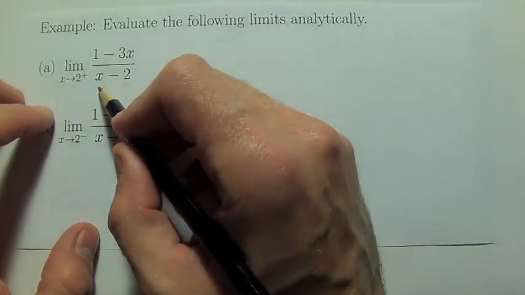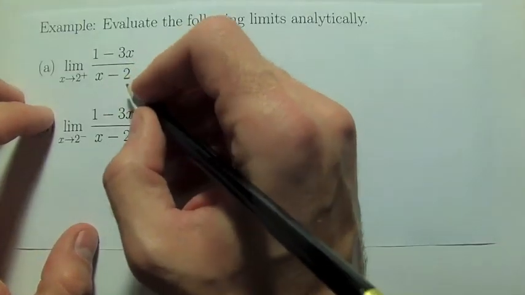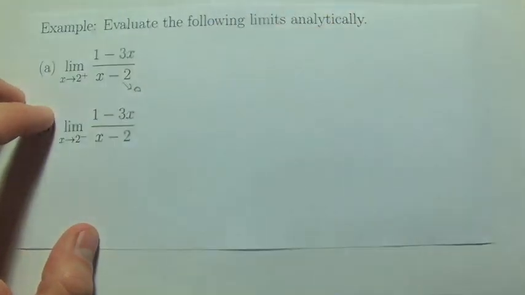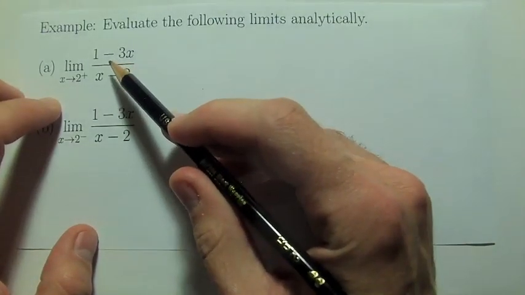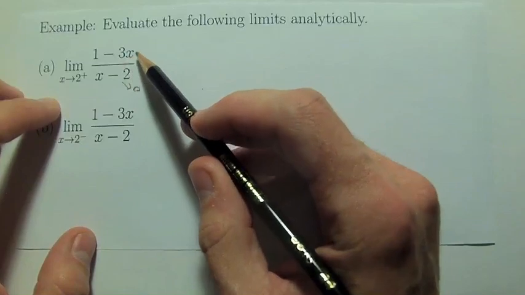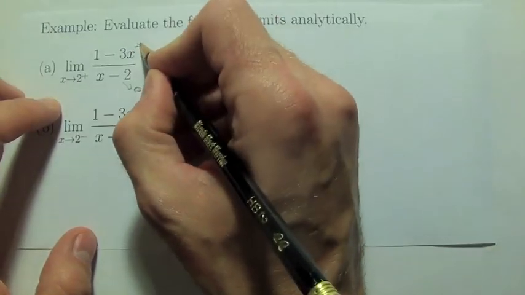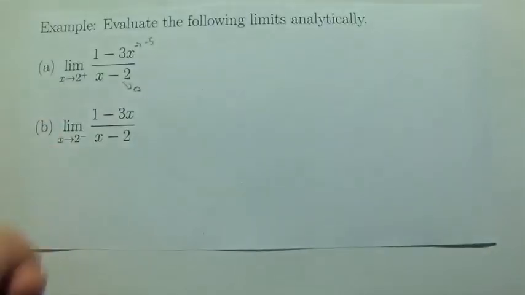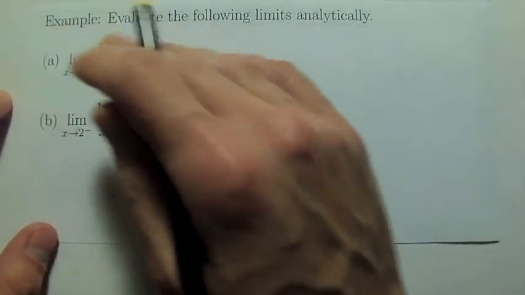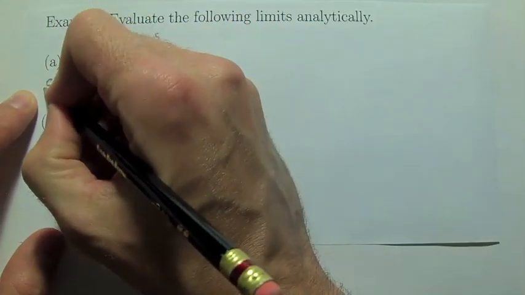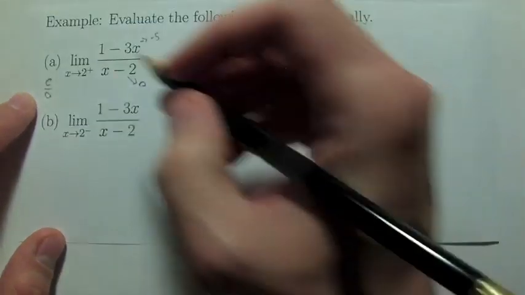Now when we plug in 2, we get 0 in the denominator. Right? But in the numerator, we get 1 minus 3 times 2, so that's going to be -5. So that's not a 0 over a 0 case. In fact, this is a constant over 0 case.